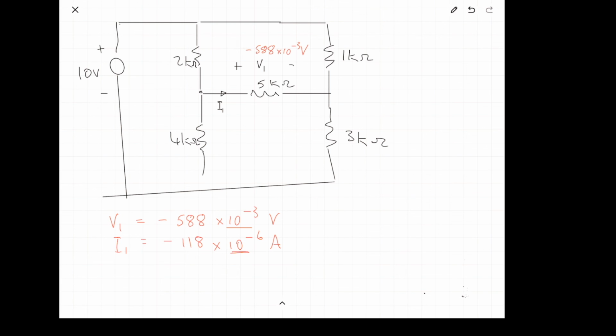So if we go to our drawing up here, we have minus 118 times 10 to the minus 6 amps is the current flowing in that direction, which if we wanted to draw it the other way, we would draw an arrow there and we would write 118 times 10 to the minus 6 positive. Okay, we'll just leave it that way. That's our measurement taken and recorded correctly.